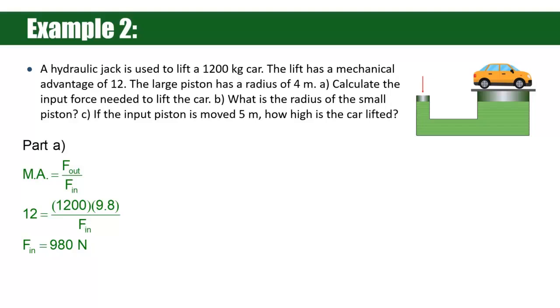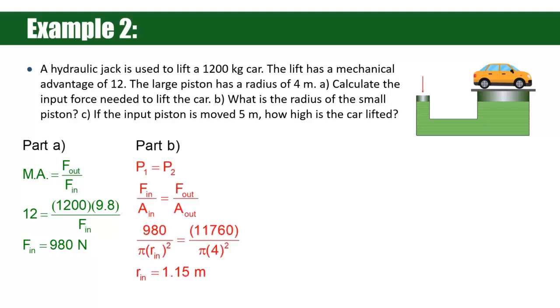Pascal's principle says that since we have increased the pressure in the fluid, the pressure at the input piston has to be equal to the pressure at the output piston. And pressure is force over area, and pressure at the output is force over area. So just plugging in my values, I have an input force of 980.